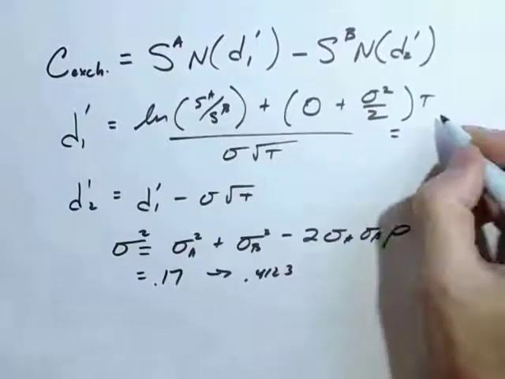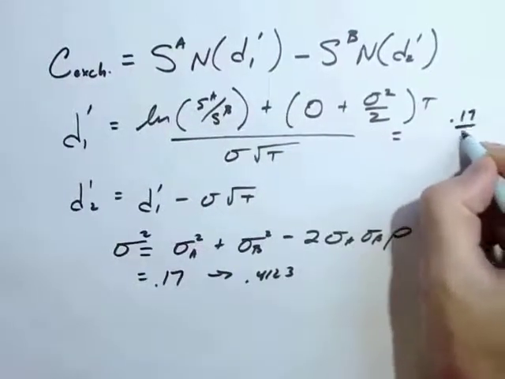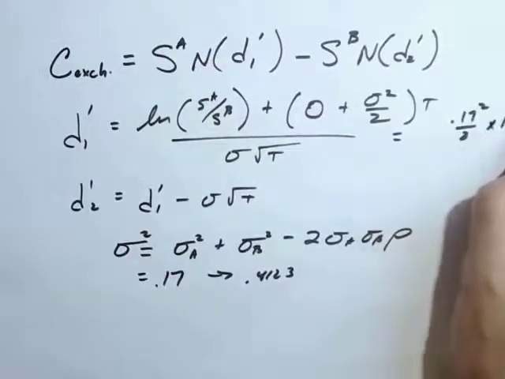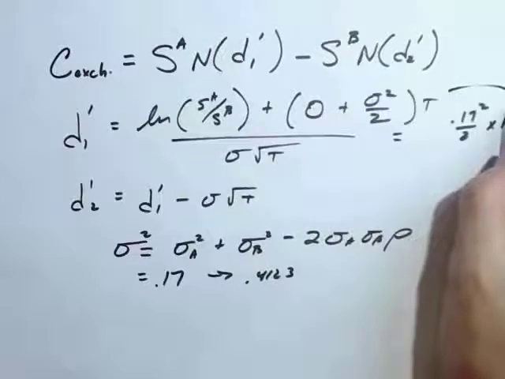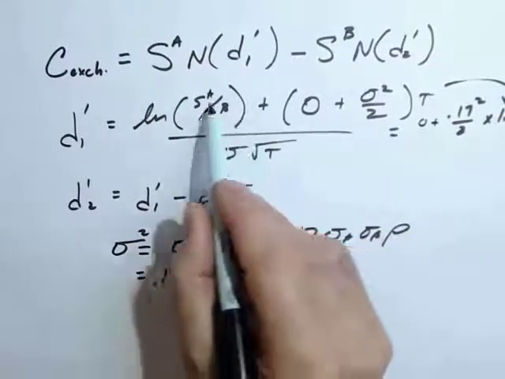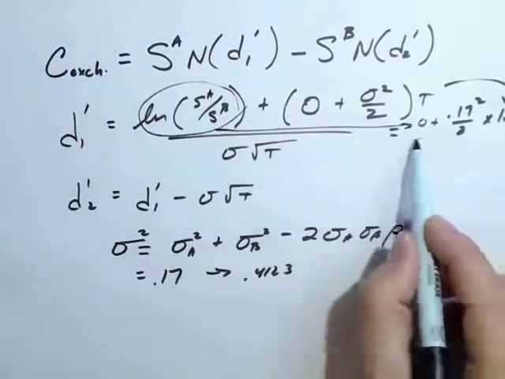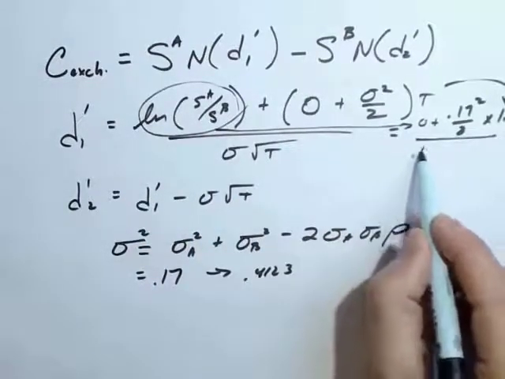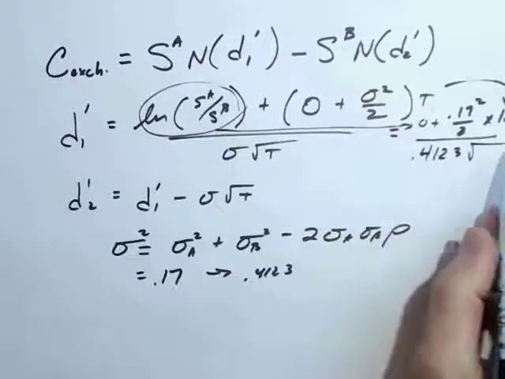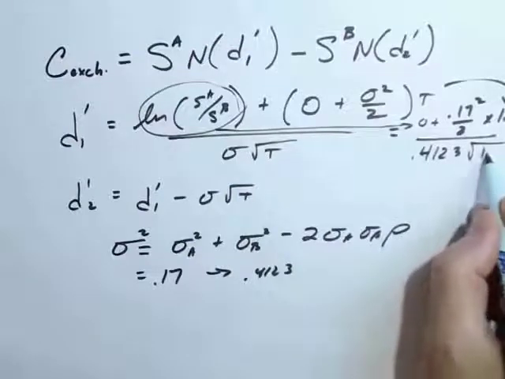And so this process will turn out to be 0.17 squared times an option with a T of 1. So T is 1, so I'll put a 0 here for this term. This term is going to be 0. And then we're going to take 0.4123 square root of time, and it's a 1-year option, so it's 1.0.